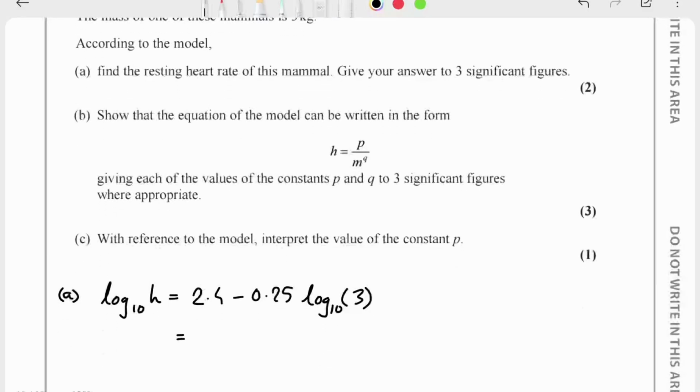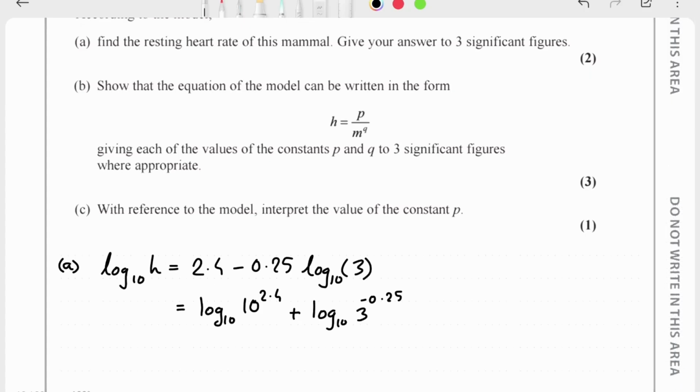So 2.4 can be written as log base 10, 10 to the power 2.4, minus log base 10, 3 to the power 0.25. Or we can just write plus and do 3 to the power minus 0.25. So now we can just remove log 10. So H is equal to 10 to the power 2.4 times 3 to the power minus 0.25. That gives us 191 to 3 significant figures.